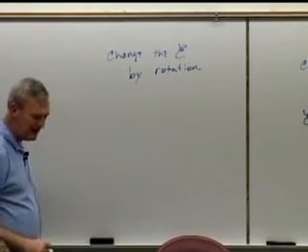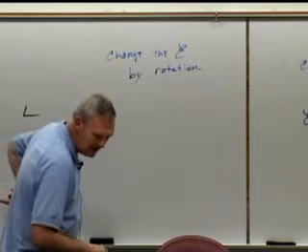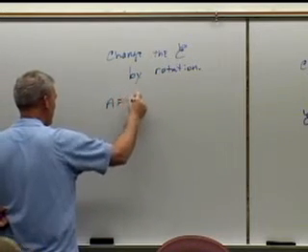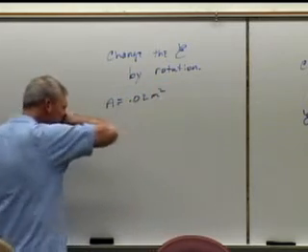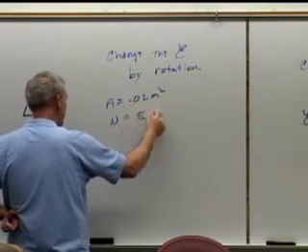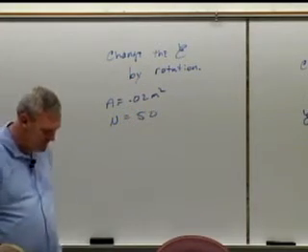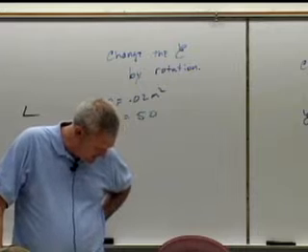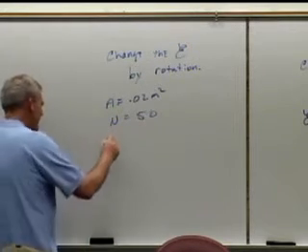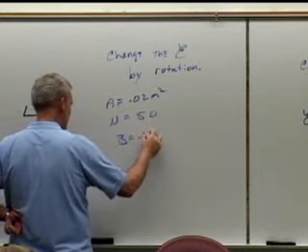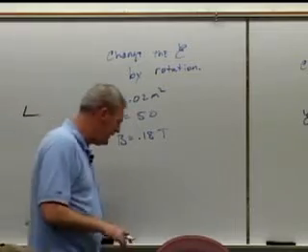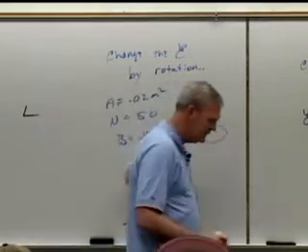So here's what this problem looks like. I've got an area equals 0.02 meters squared. N equals 50. The magnetic field is 0.18 Teslas. That's when this coil is flat.